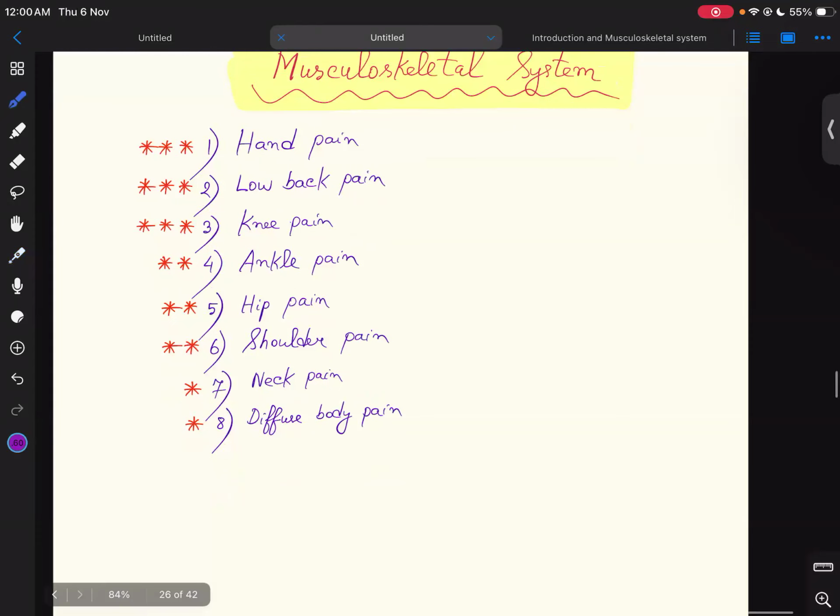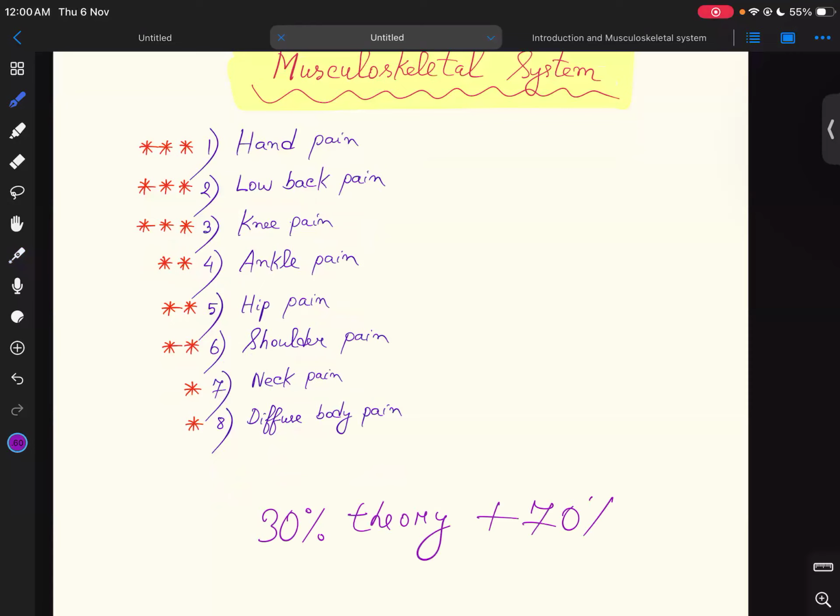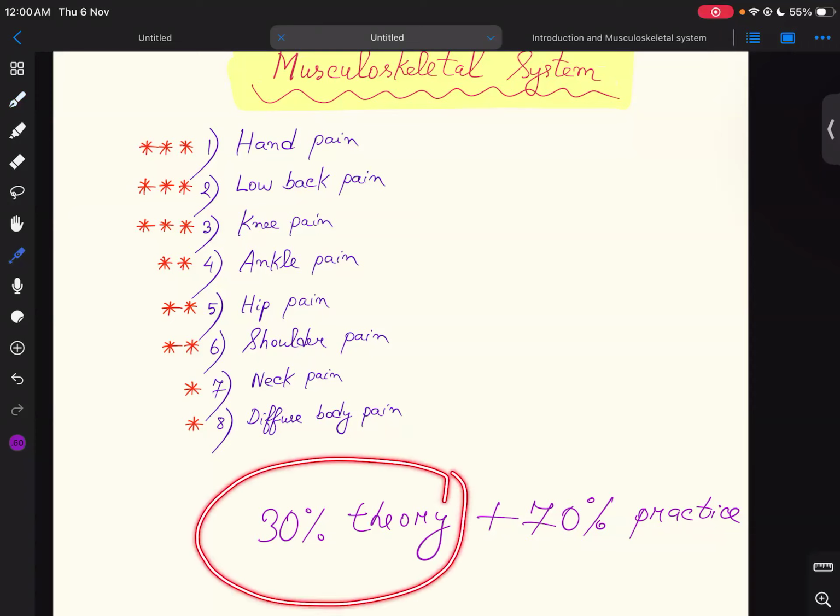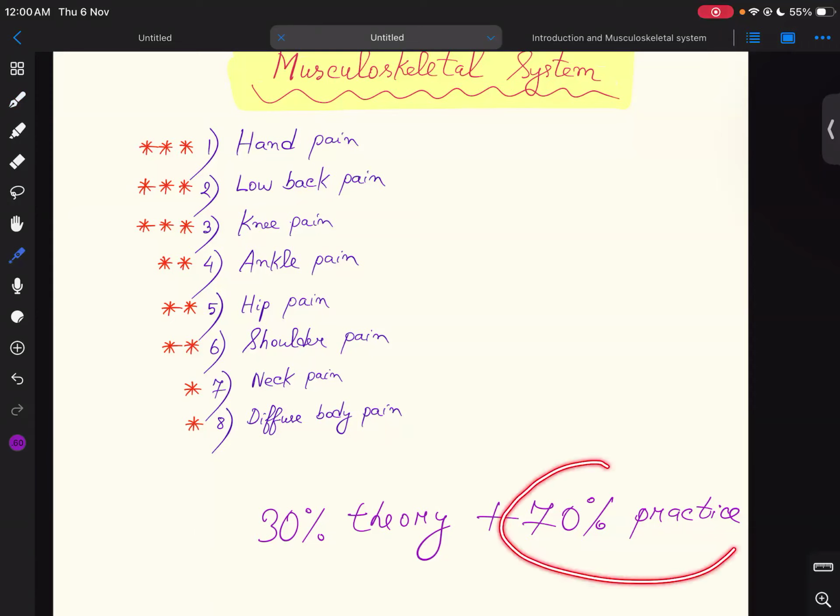And for the PCS exam, only 30% is theory, but 70% is practice. For the long clinical consultation from this course, I will provide you all that you need from this 30%. And from my side, I will try to make you practice as much as you can.